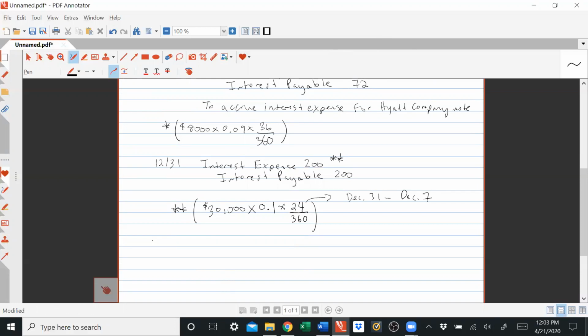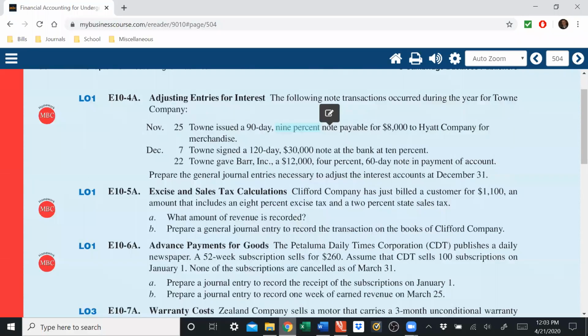And then the final one. We borrow $12,000 from Bar Incorporated. In exchange, we give them a promissory note. We promise to pay them 4% interest annually, and we promise to pay them back in 60 days.